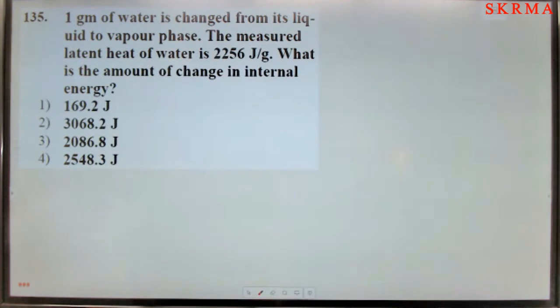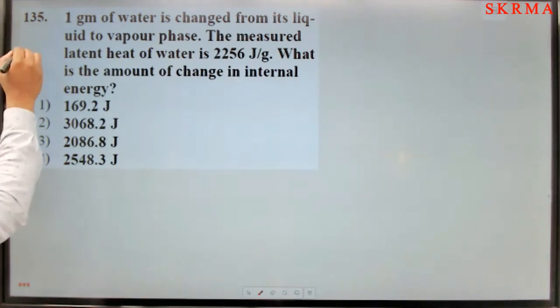Next one. 1 gram of water is changed from liquid to vapor phase. The measured latent heat of water is 2256. What is the amount of change in internal energy? So here we need to consider the change in volume also. Volume is increased from 1 cc to 1671 cc.